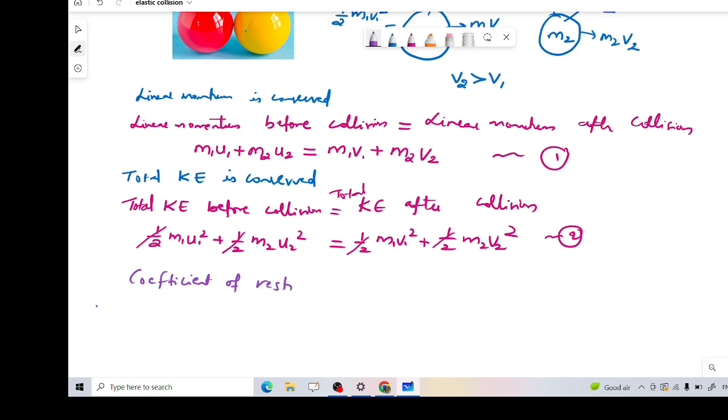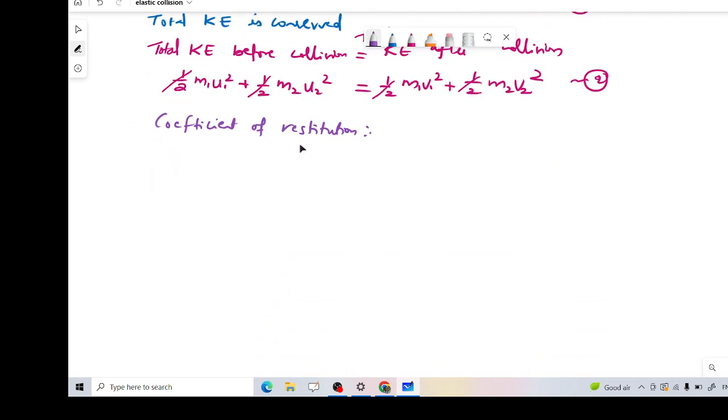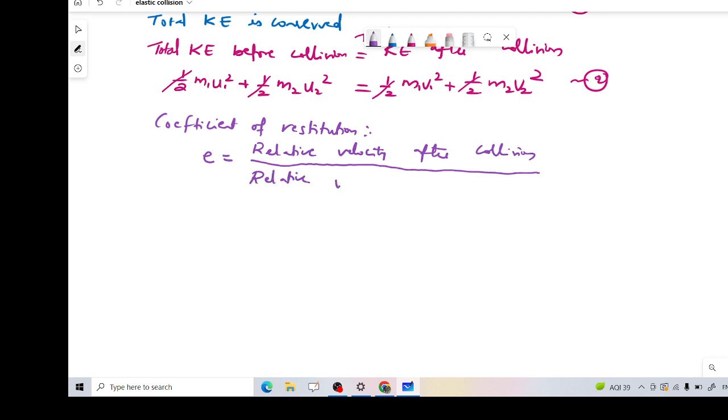This is nothing but the ratio of the relative velocity after collision divided by the relative velocity before collision.